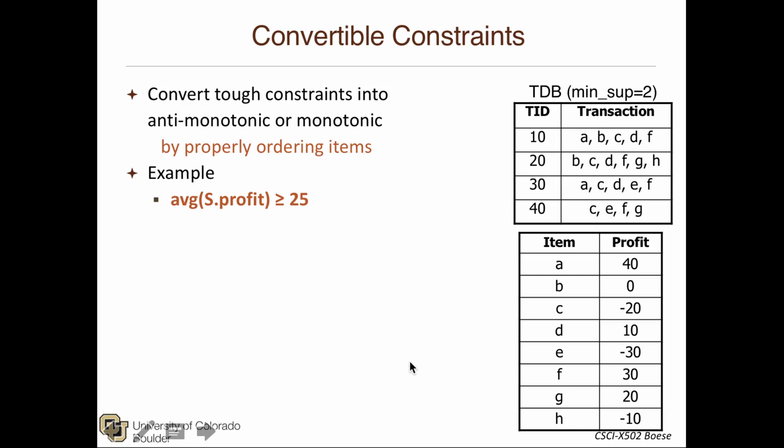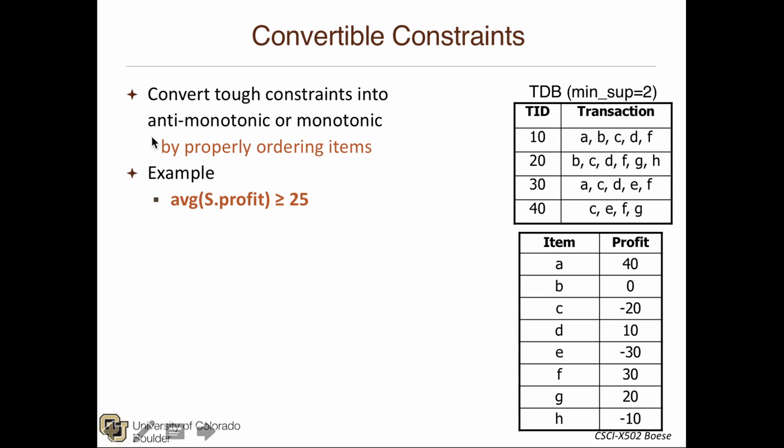Convertible constraints. So this is looking at a combined version. We take these tough constraints and convert them into anti-monotonic or monotonic, and the way we're going to do that is by properly ordering the items. An easy one was the minimum price in the basket.